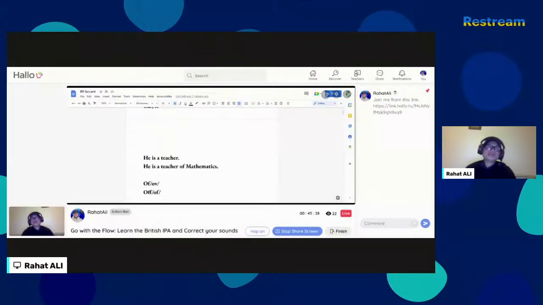Again, we are pronouncing R because after R there is a vowel sound. So this must be realized and practiced well, because if you don't practice, it is unlikely for you to have the similar sound.